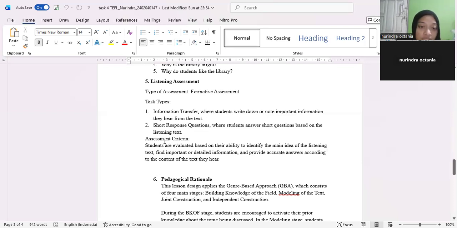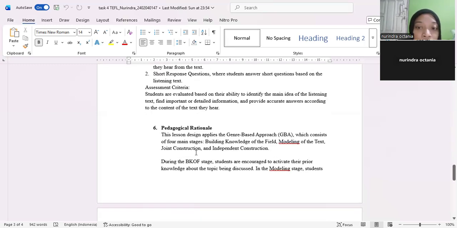Assessment criteria: students are evaluated based on their ability to identify the main idea of the listening text, find important or detailed information, and provide accurate answers according to the content of the text they hear.